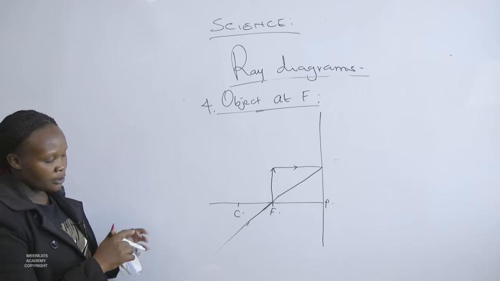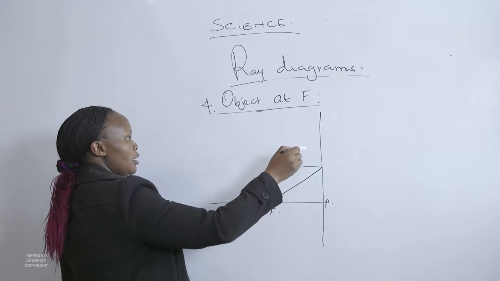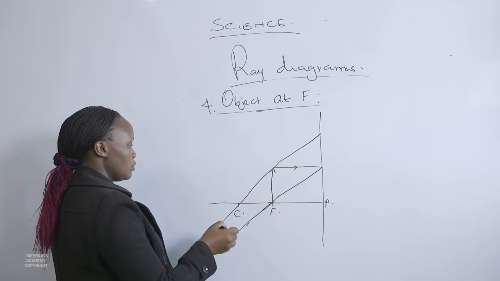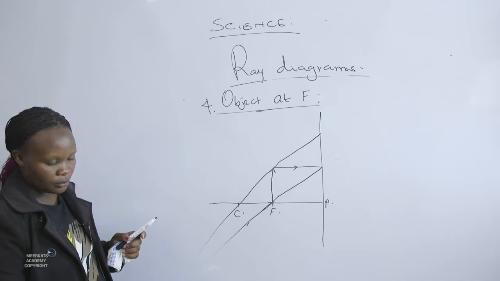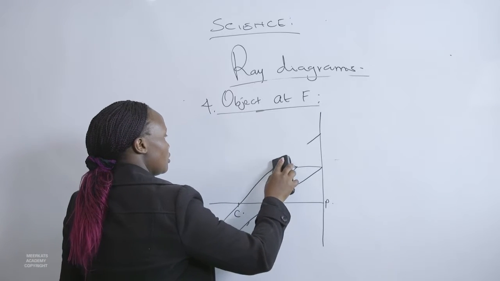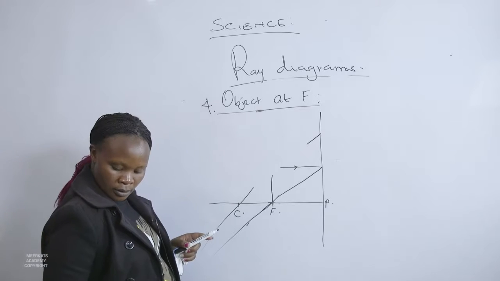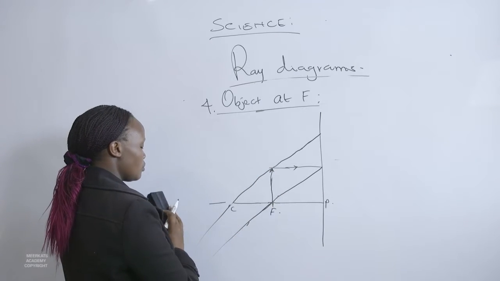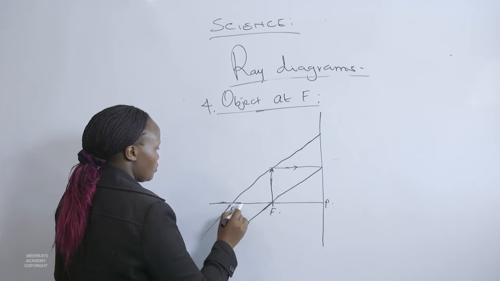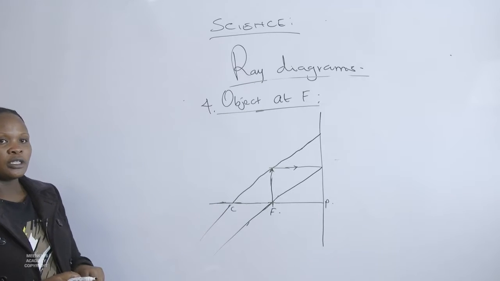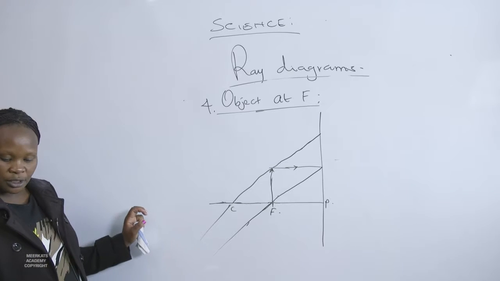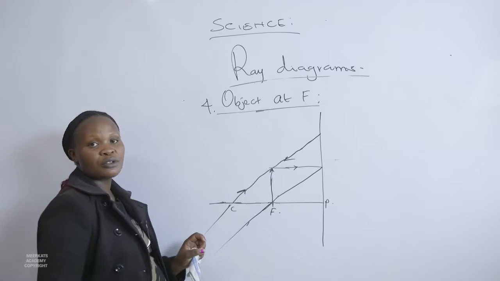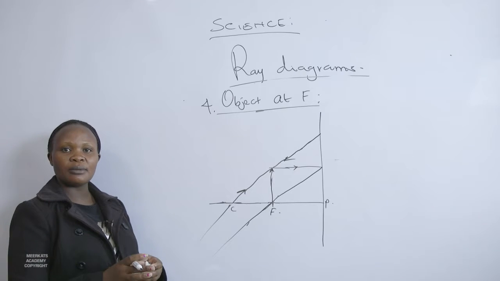Then we can have a ray through C, which is supposed to be reflected along the same path.